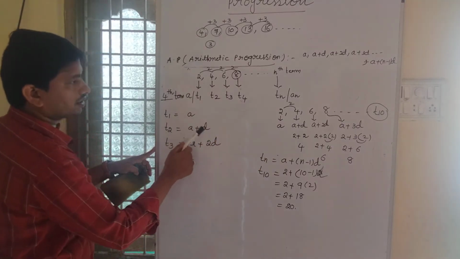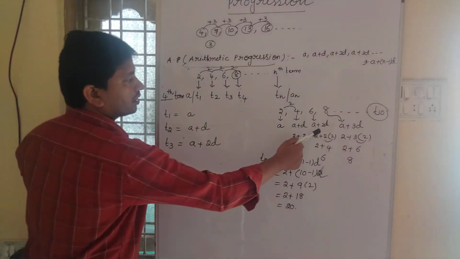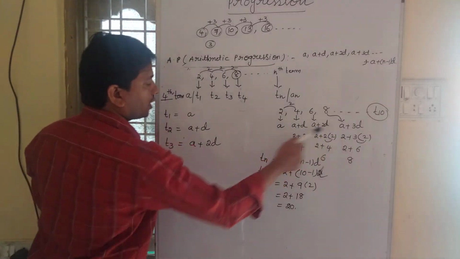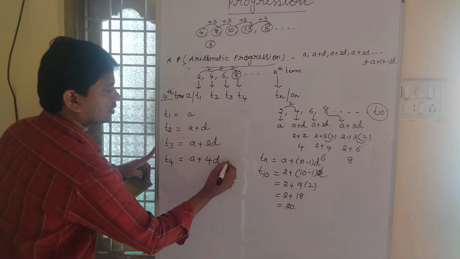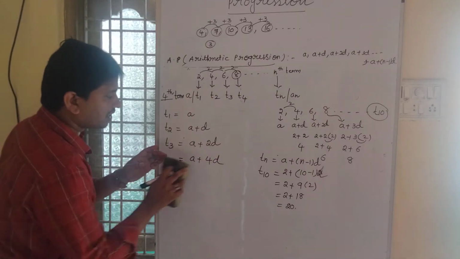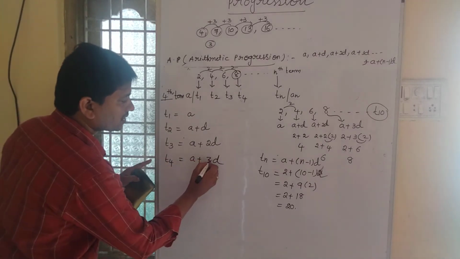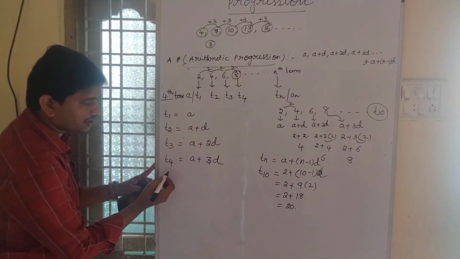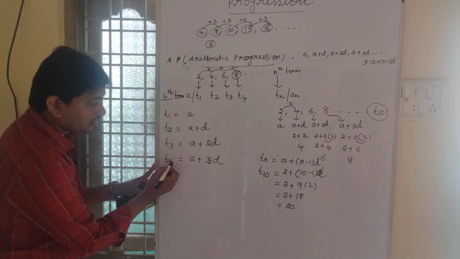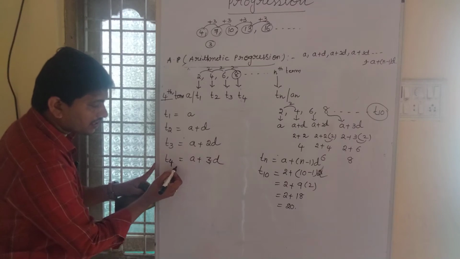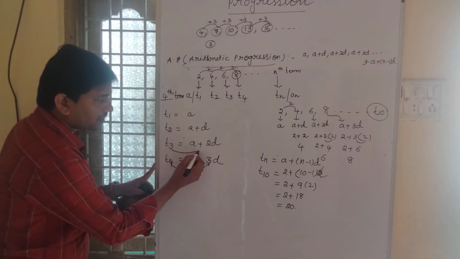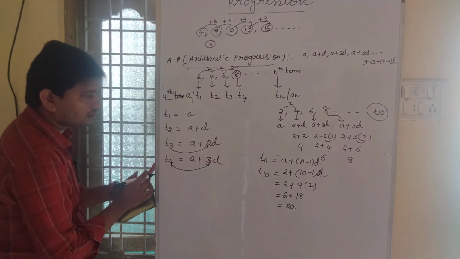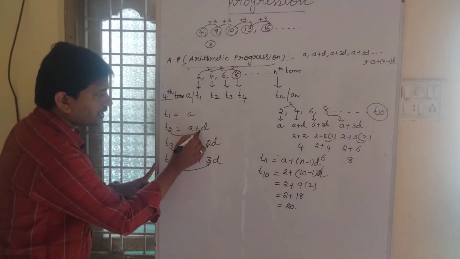First term A, second term A plus D, third term A plus 2D, and fourth term is A plus 3D. Sorry children, the fourth term is A plus 3D. Students, if you observe here, fourth term is A plus 3D, third term is A plus 2D, second term is A plus 1D.